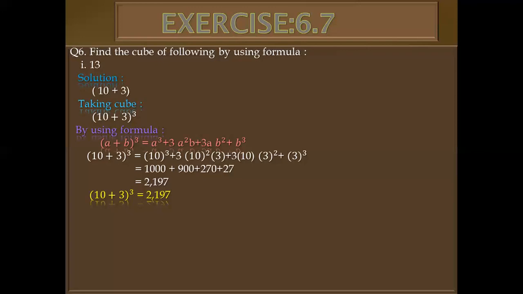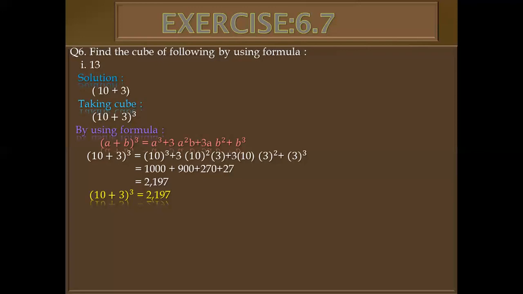Only in the formula you replace a with 10 and b with 3. 10 cube plus 3 into 10 square into 3 plus 3 into 10 into 3 square plus 3 cube, because at the end this is b cube.